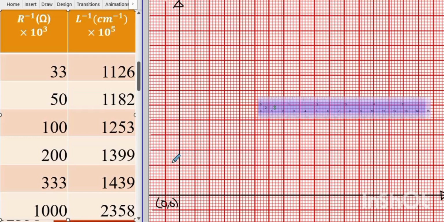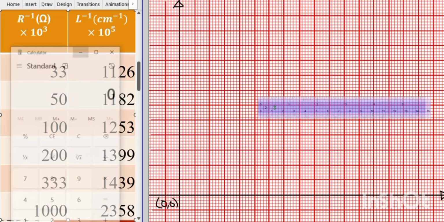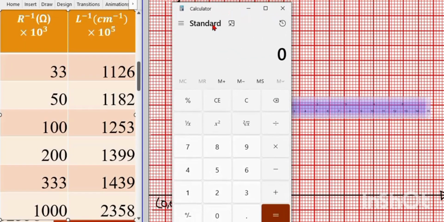We have 1, 2, 3, 4, 5, 6. Then here I have 1. Okay, let me finish with the vertical axis first. Then we repeat the same thing on the horizontal axis. So I have 6 of the 2 centimeter here. Then the next thing is I'm going to bring up my calculator and look at the highest number I'm having on the vertical.